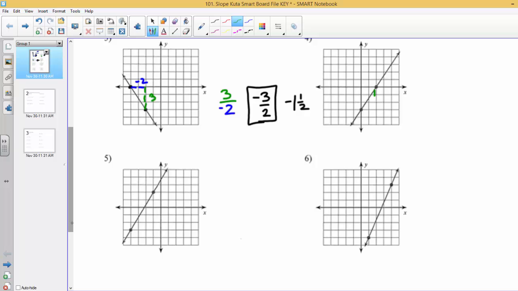Number 4. Rise of 3, run of 2, over 2, up 3. So 3 over 2. That's the same thing as 1 1/2.